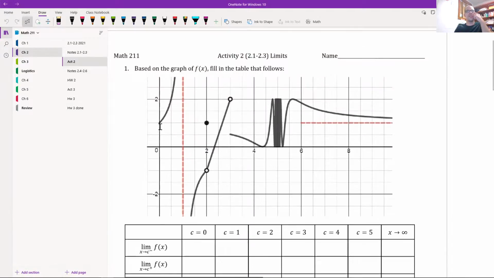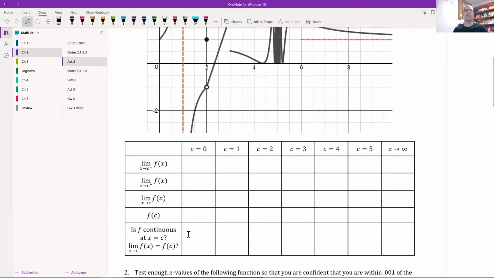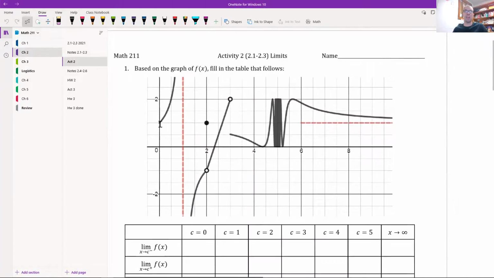And while we don't have anything coming from the left, so we don't have any left-hand limit, we do have a right-hand limit. And if the domain is just defined for non-negative real numbers, then having a right-hand limit match the function value here means that we're right continuous, and that's completely fine. So, on this part on our activity, saying that we have right continuity is the correct thing to do.